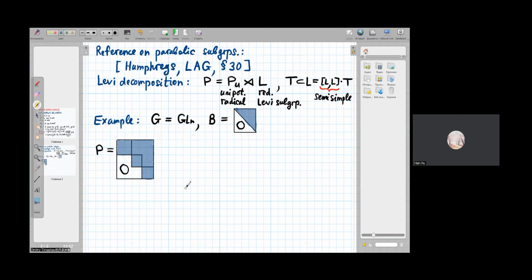And the Levi decomposition looks as follows. Let me just copy this picture. For the unipotent radical, we have the following condition.